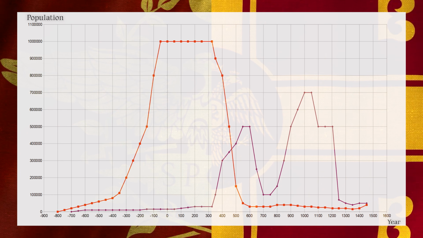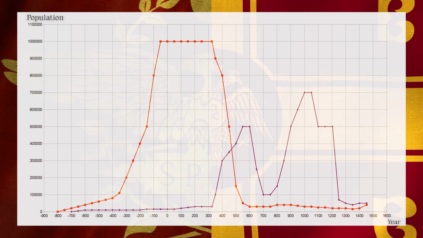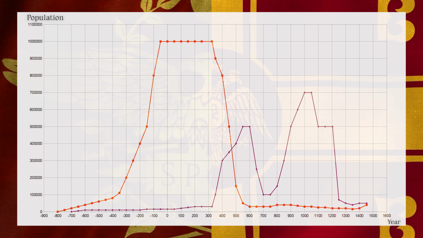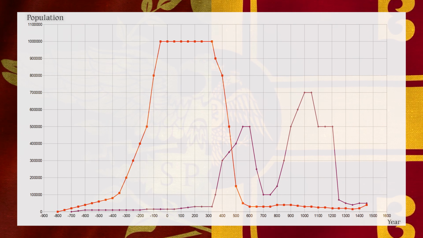Meanwhile, Constantinople had a wildly fluctuating population, where it would manage to reach 500 to 700,000 inhabitants twice in its history, in the 500s and another time in the 10th to 12th centuries, with a brutal decline in between those two peaks in the Byzantine Dark Ages.